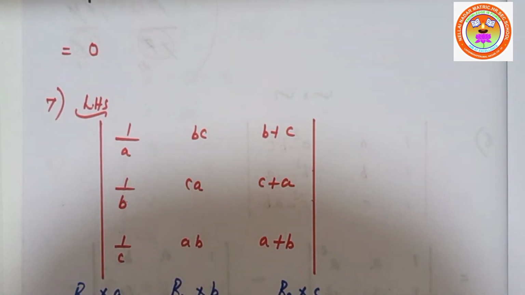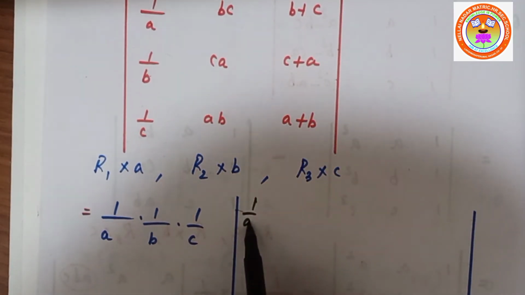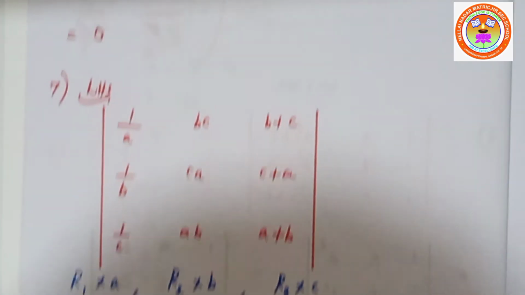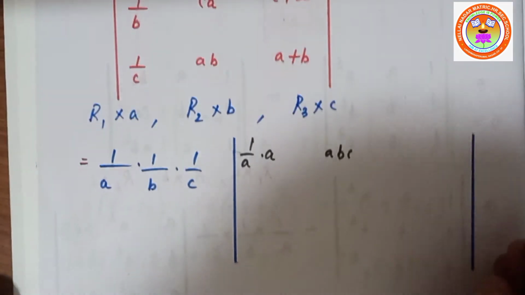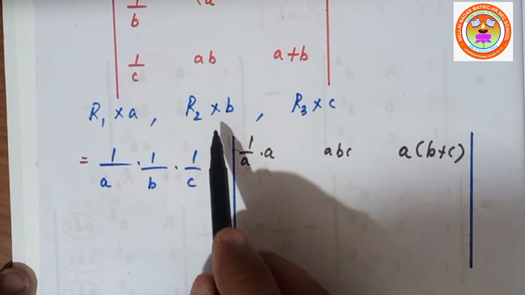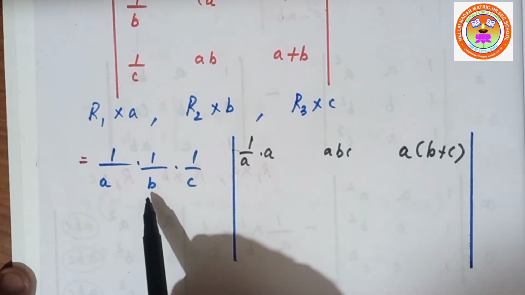1 by A into A, 1 by A into A, into BC, ABC, A into BC, ABC, A into B plus C, A into B plus C. Here I am multiplying R2 by B, so we have divided by B just for balancing.